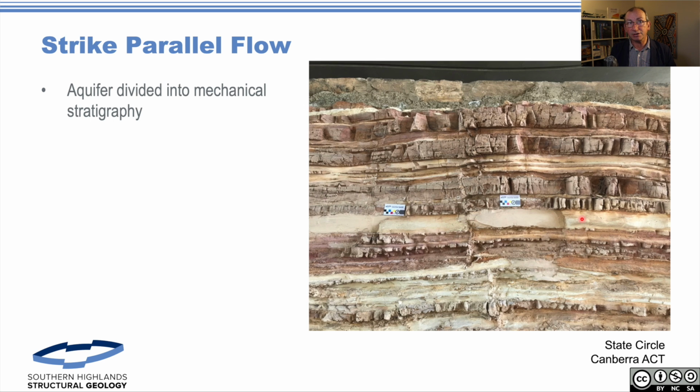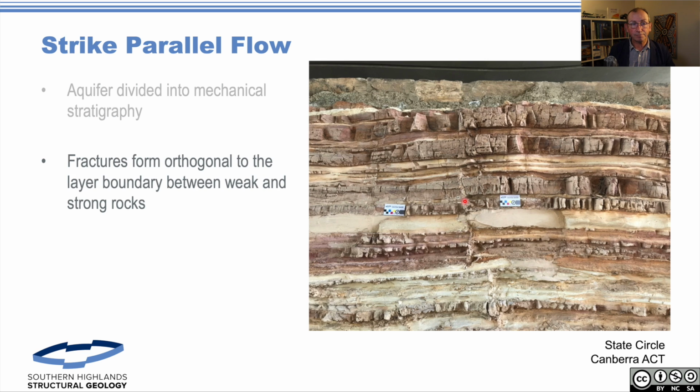These aquitards, because they're ductile, actually have reasonable porosity in them, but they've got very poor permeability. The grains can rearrange, and they can accommodate strain without fracturing. So you can see a feature in here skipping up through the system, breaking the aquifers, but not the aquitards.